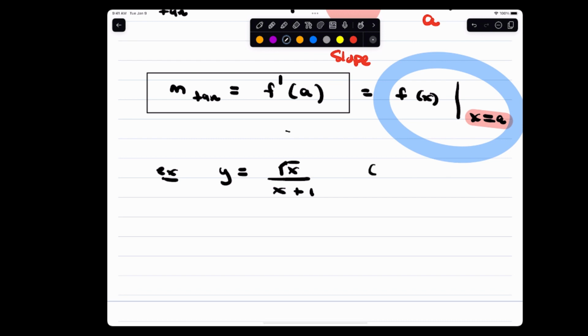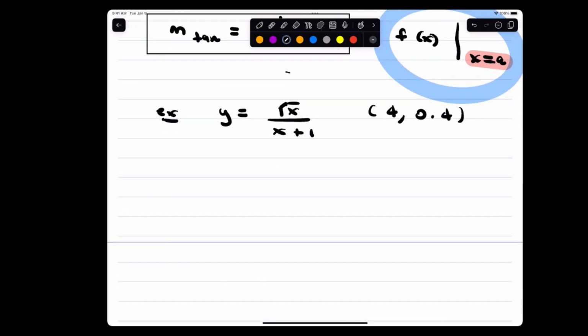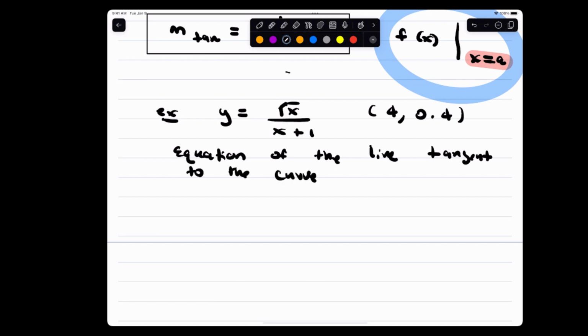And they give you a point, 4 comma, I guess that's 0.4 they give it to us as? Okay. And they're going to want to know the following. What is the equation of the line, okay, tangent to the curve at P, where this is your point P?